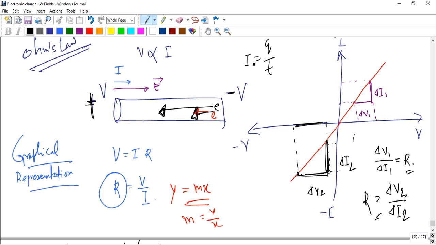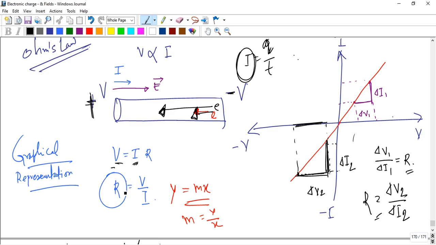More charge means more current, since I equals Q by T. So Q is more, so I is also more. That's why V is directly proportional to I.